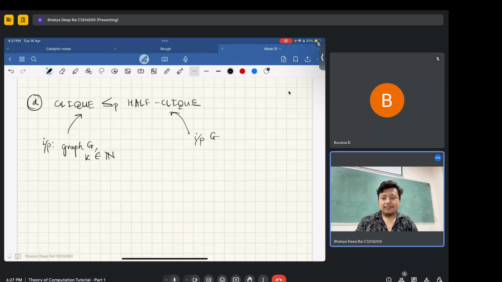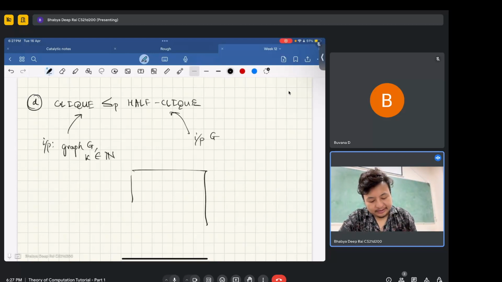Now what we want to do is say that if you can solve half clique, you can solve the problem for clique also. So this is what the reduction is like.